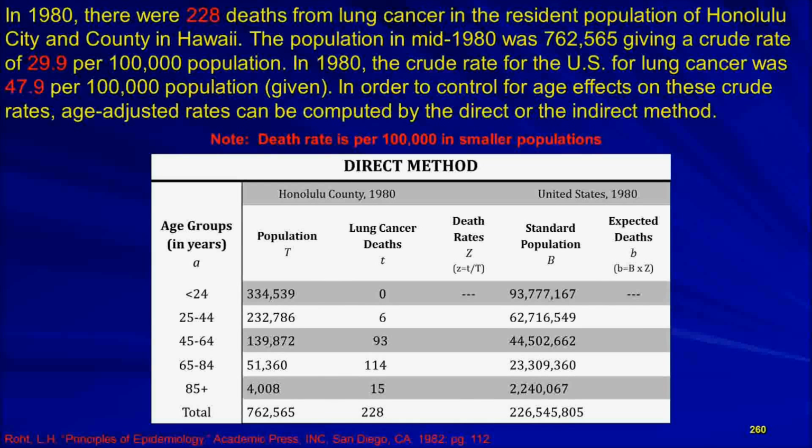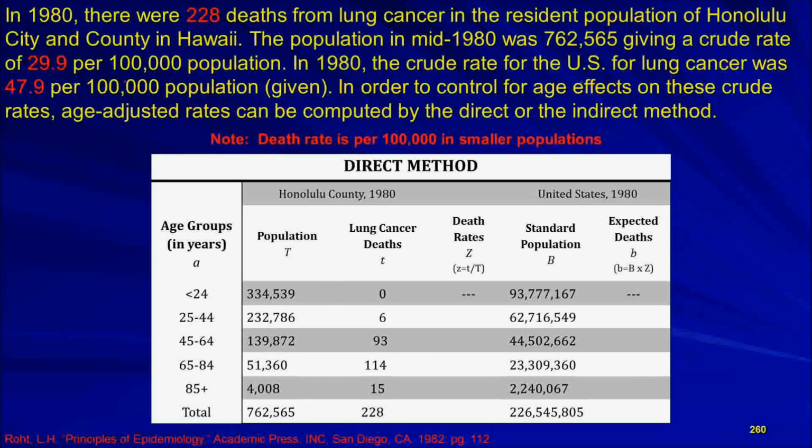So how did we get that? We simply divided 228 by the total population to come up with a crude death rate of 29.9 per 100,000 population.